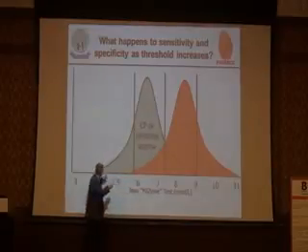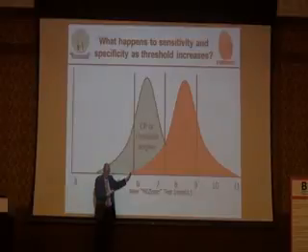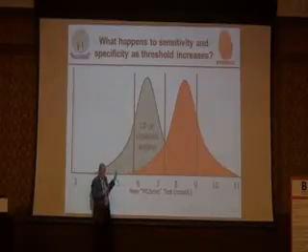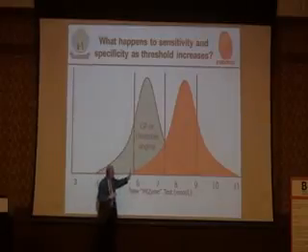At this point, when you go low enough that all 100% of these people have the disease, and they have a positive test rather, you can keep moving down. Does sensitivity change between here and here? No, it's 100%, 100%, 100%, doesn't matter where you are down here, but what's happening to specificity?